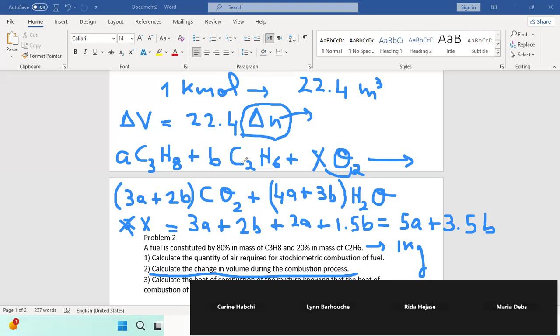So if we do the difference, we have the following: delta N is equal to 3A plus 2B plus 4A plus 3B minus, so now we sum the number of kilomoles in reactives, so minus A plus B plus X.